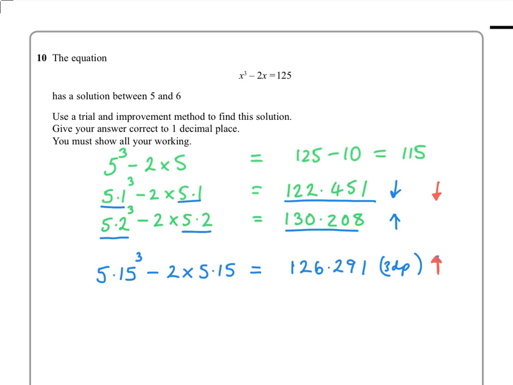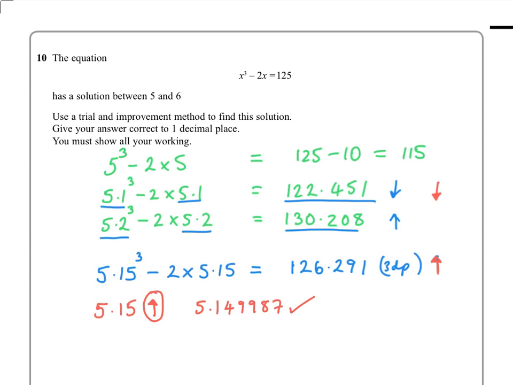So have a think about it. Well, hopefully you've come to the conclusion that if 5.15 is too much, then you'd probably have to go slightly underneath. Even if it was something like 5.149987, that's only very slightly underneath 5.15, which was too much.